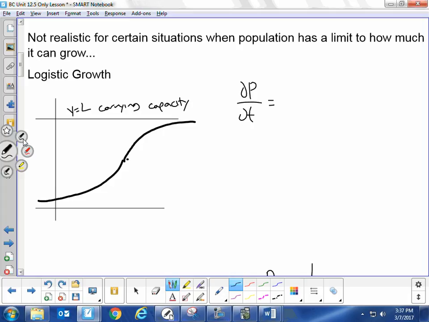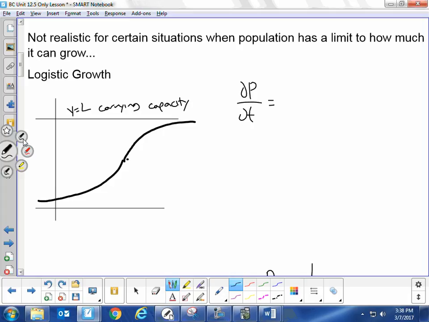Does that make sense? When does this occur? In nature, if there is only enough food for a certain amount of animals due to predator-prey kind of relationships, we can't have an infinite amount of lions out there because eventually the antelopes will all run out.